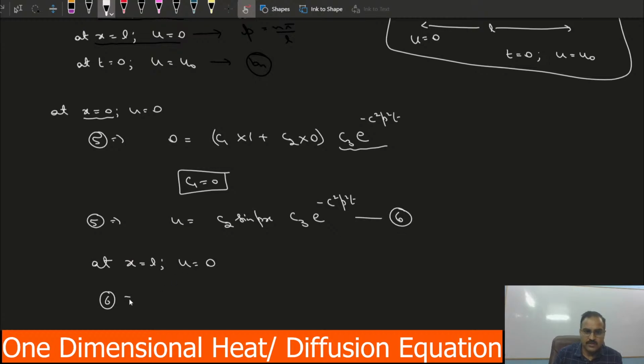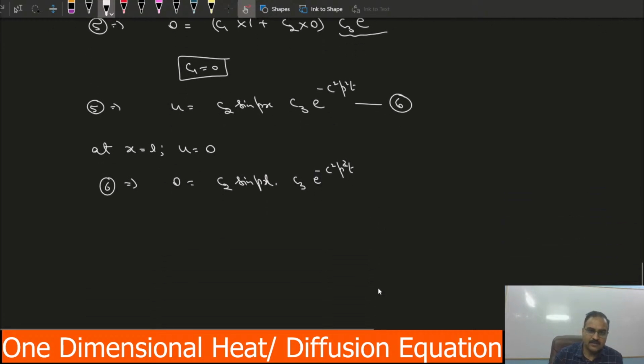So equation 6 reduces to 0 = c2 sin pL c3 e^(-c²p²t). Now we are again applying the conditions on x, so t is independent. From this we get c2 sin pL = 0. Now two possibilities are there, that is either c2 = 0 or sin pL = 0.